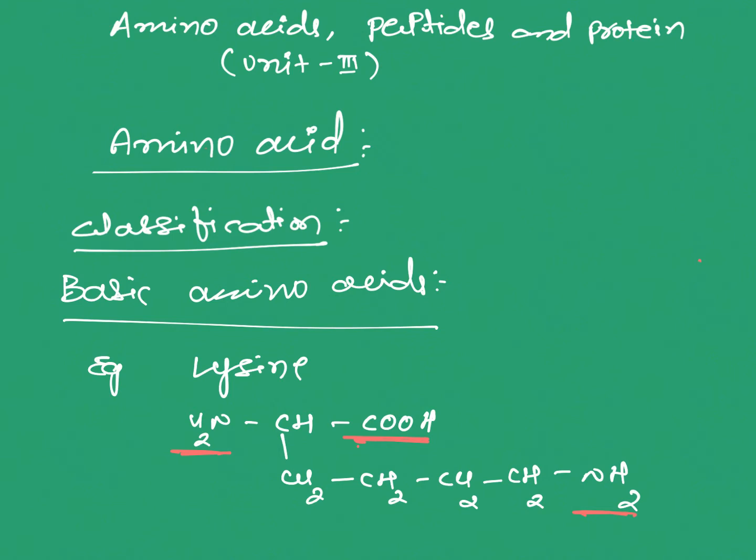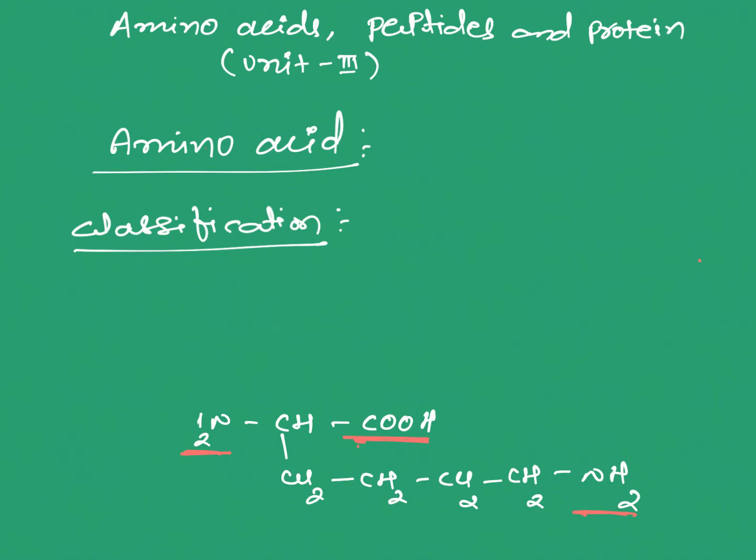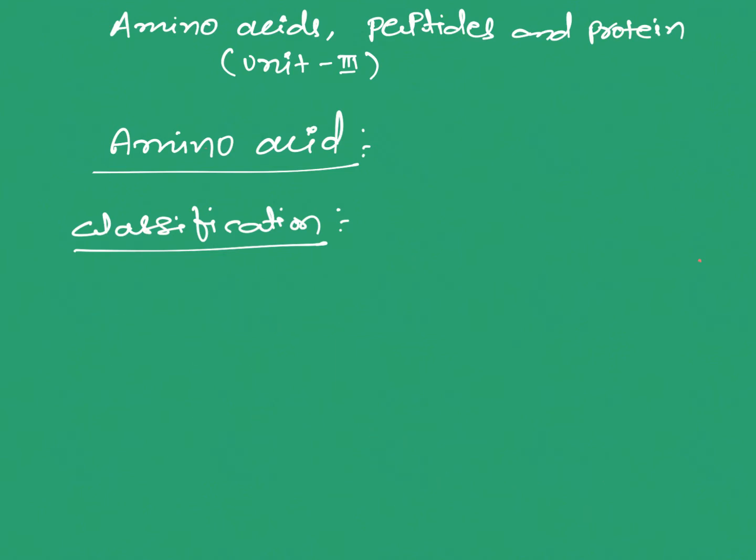And the third one is neutral amino acid. In these amino acids, one acid group is present and one basic group is present.